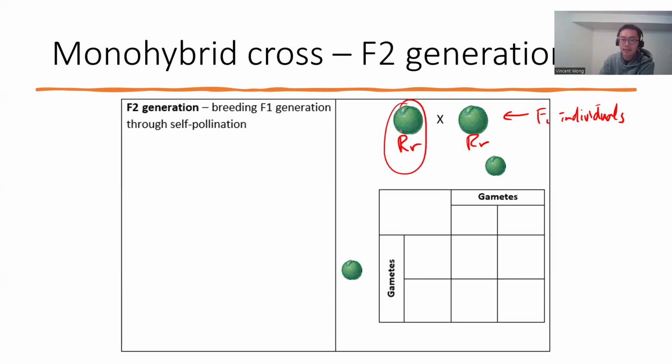So when this plant makes gamete, makes the pollen, again, the chromosome separates. Half of the gamete is going to have the big R, and the other half is going to have the small r. So this one can go here. It doesn't really matter which one goes where. It's the same. So here, when the chromosome separates, big R and small r.